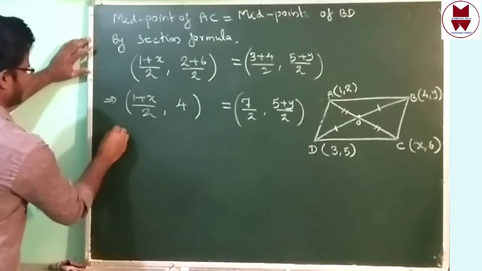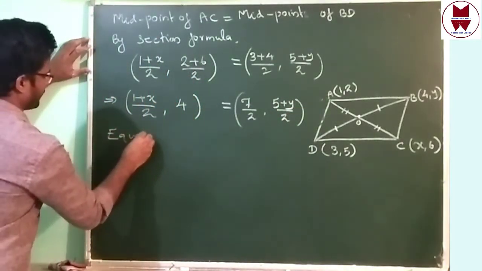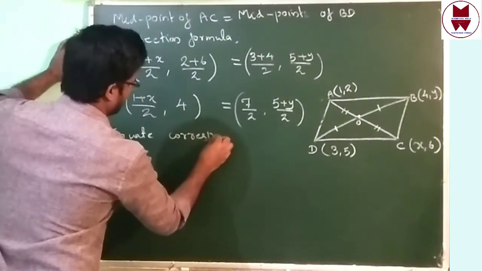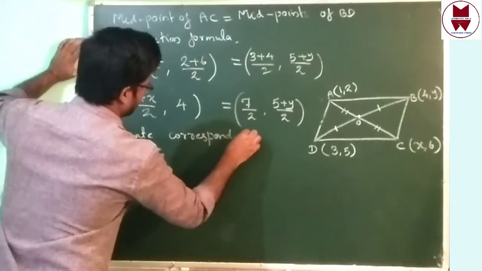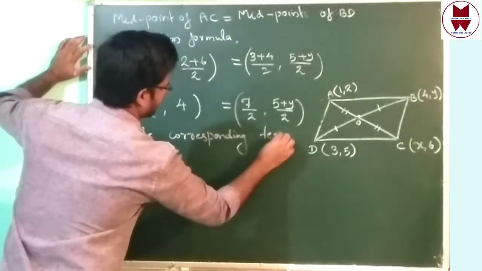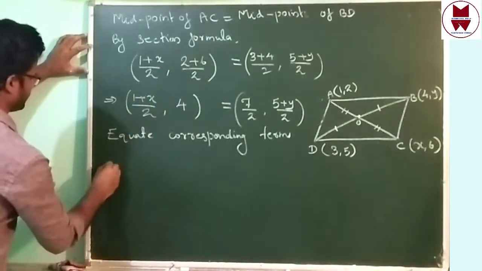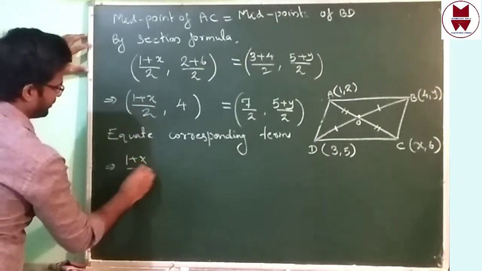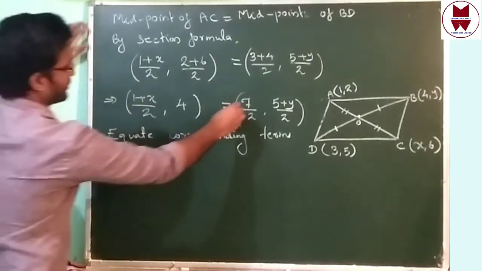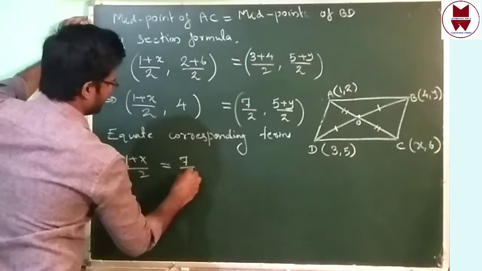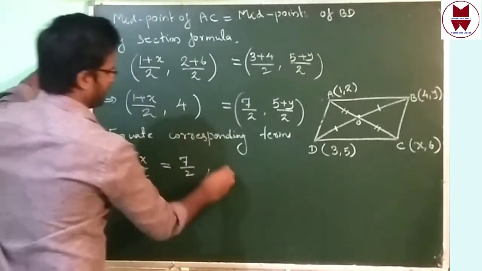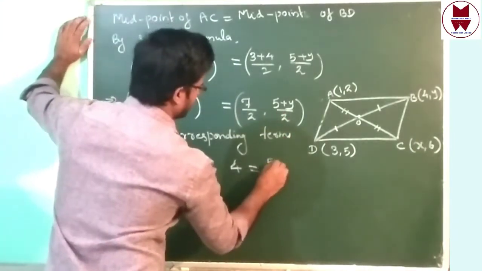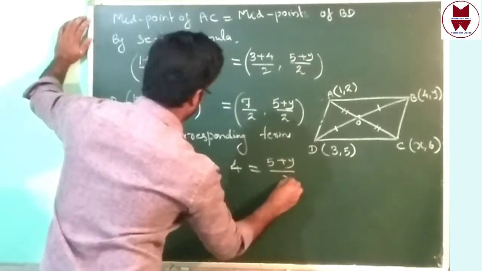Then equate corresponding terms. What is the first term? That is (1 plus x) divided by 2 equal to 7 by 2. Second term is 4 equal to (5 plus y) divided by 2.